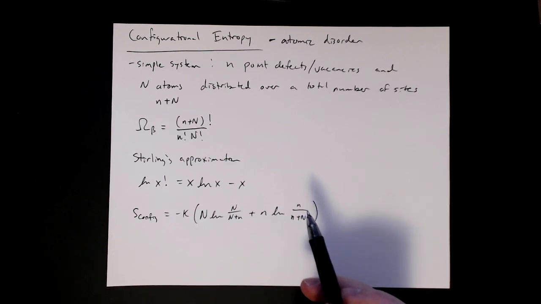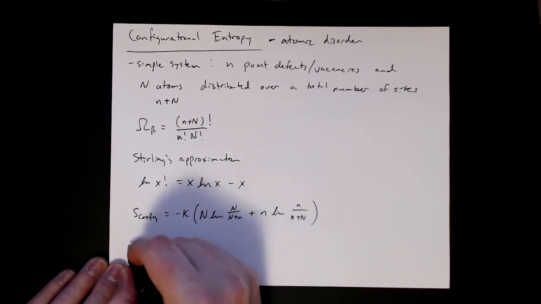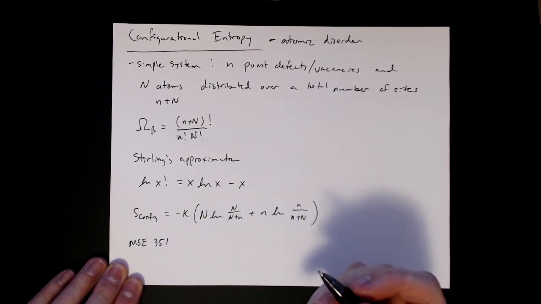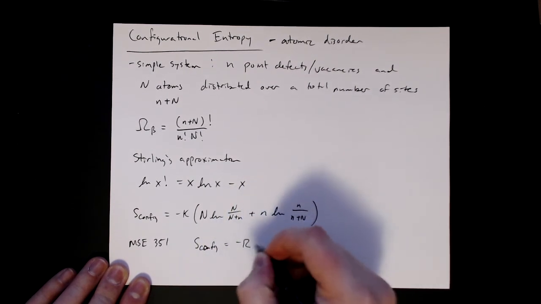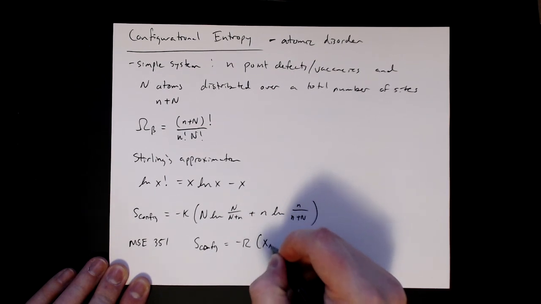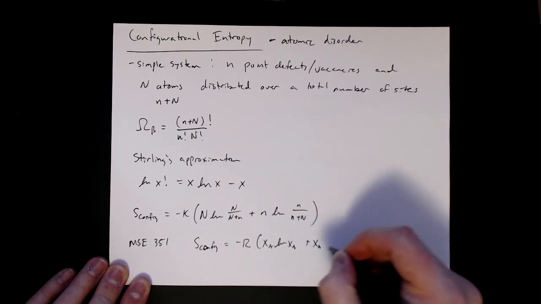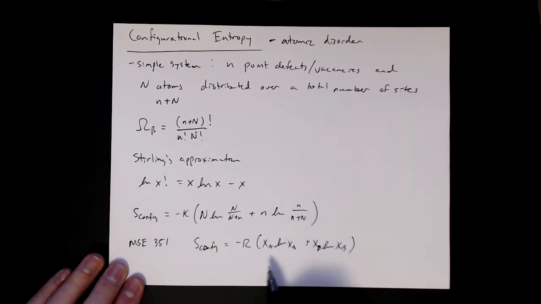And I'll maybe bring you back to something you might have talked about in MSE 351 thermo. You might have seen this expression: the configurational entropy is equal to minus R times (X_A natural log X_A plus X_B natural log X_B), right?